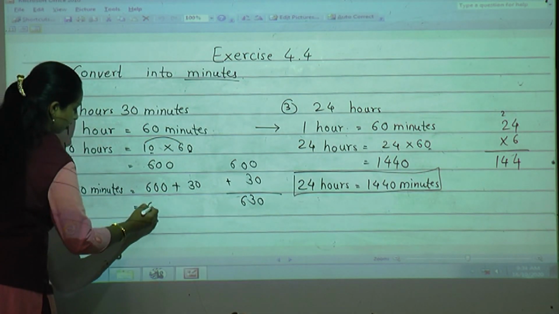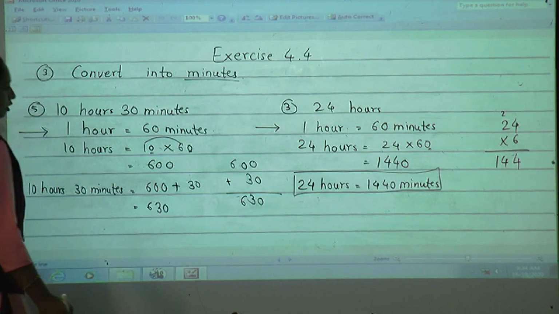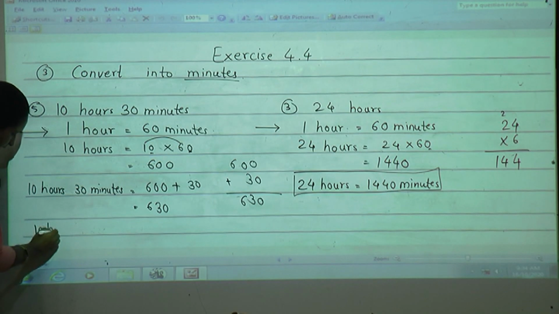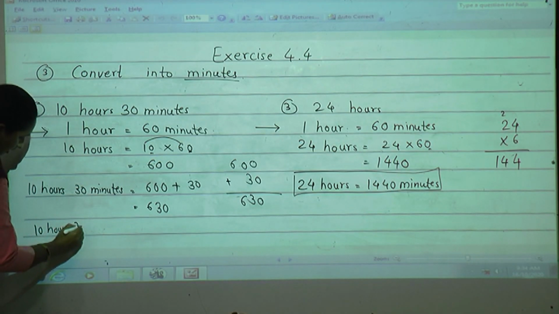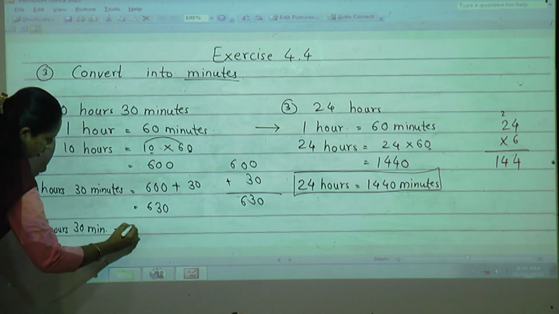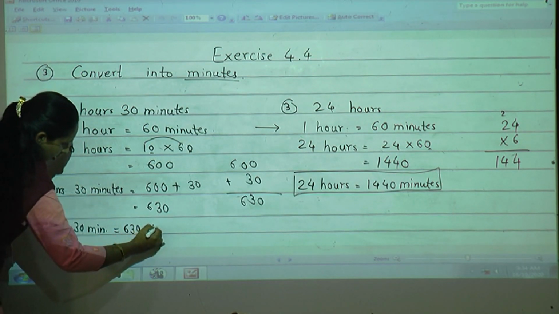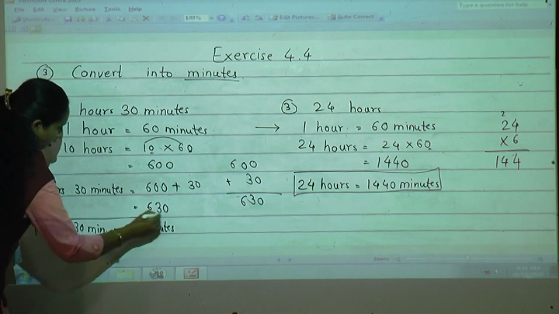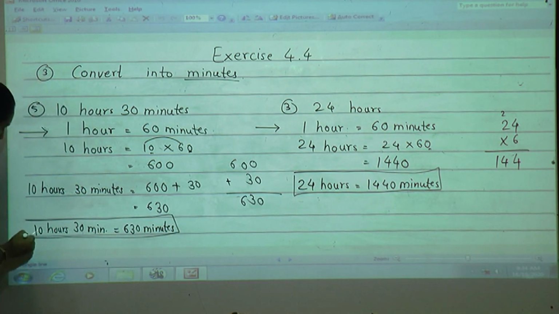What is the answer here? 630. So once again, write here 10 hours 30 minutes is equals to 630 minutes. Do the bracket. Clear? Yes? Very easy.